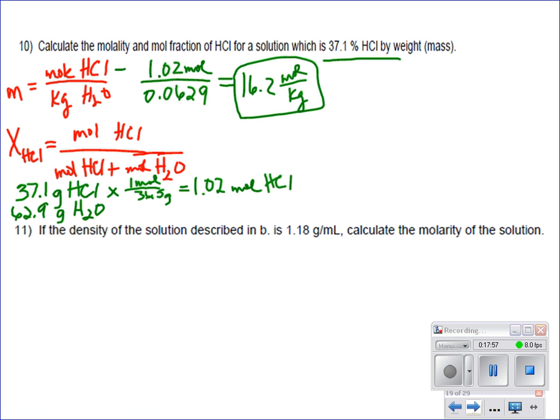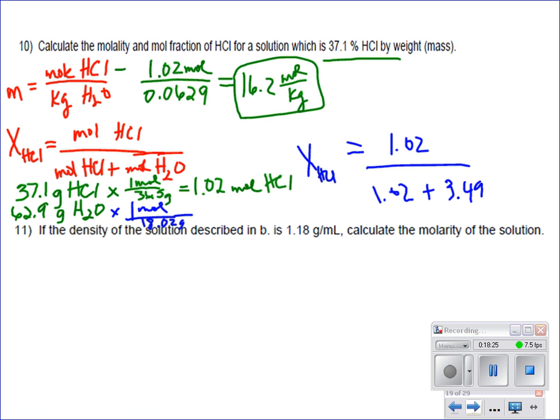Okay. Now let's move on to mole fraction. I know moles of HCl is 1.02. What do I need to finish this problem to get mole fraction of HCl? Moles of water. So for every 1 mole, I've got 18.02 grams of water. How many moles of water does that give me? 3.49.